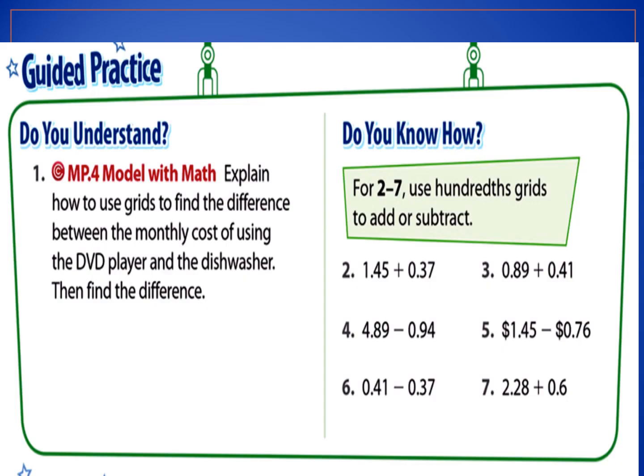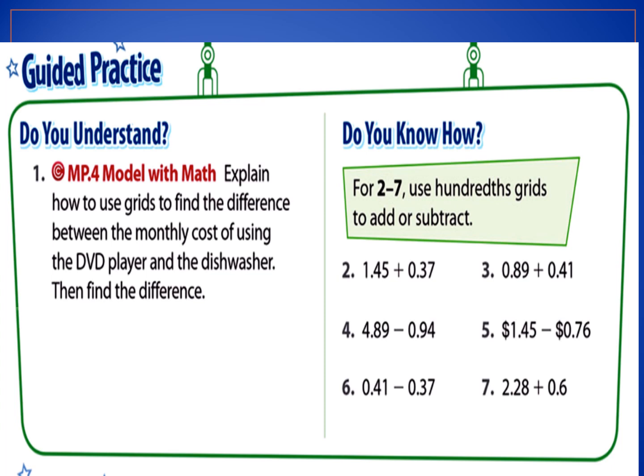Okay, what about those questions which are in the book? Using the same idea, explain how to use grids to find the difference between the monthly cost of using the DVD player and the dishwasher, then find the difference. Here, guys, you know, of course, that the meaning of the difference here is minus. Find the difference is a keyword for subtracting, for minus.